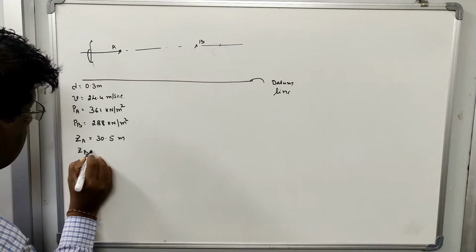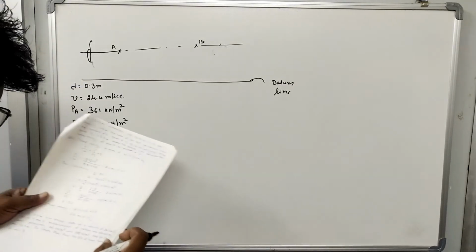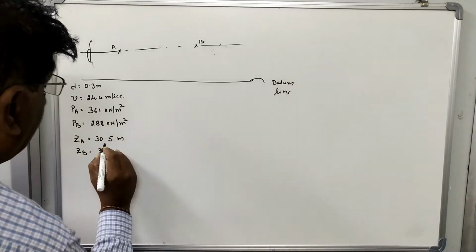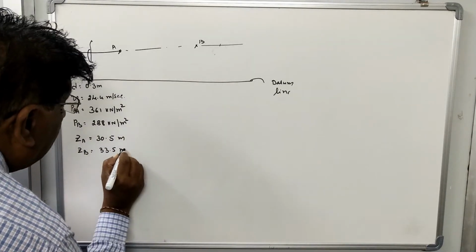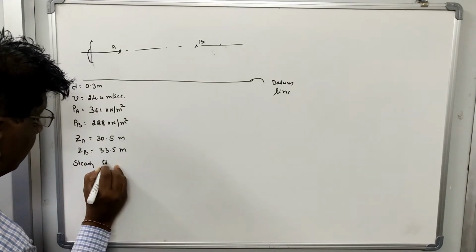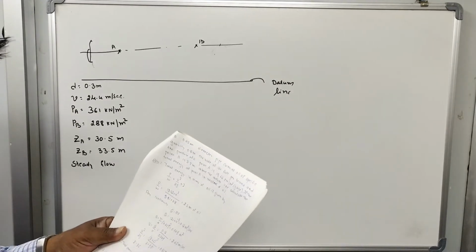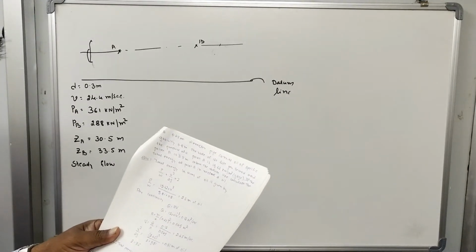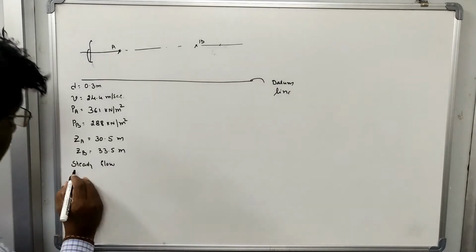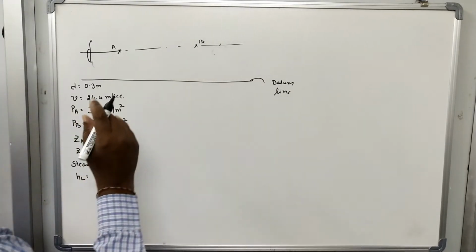ZB is 33.5 meter. And for steady flow, find the loss of head between A and B, that is HL. You have to find the loss of head.